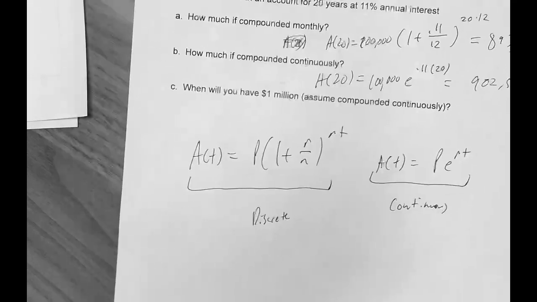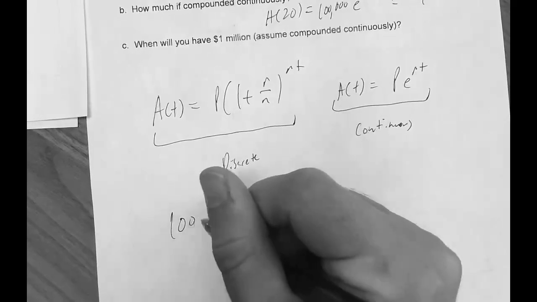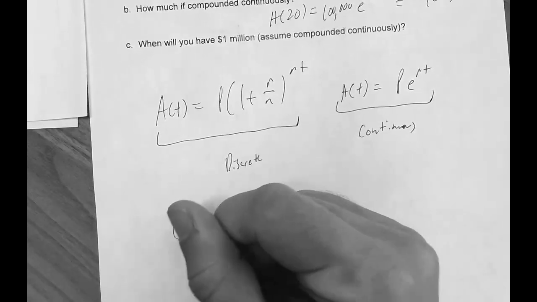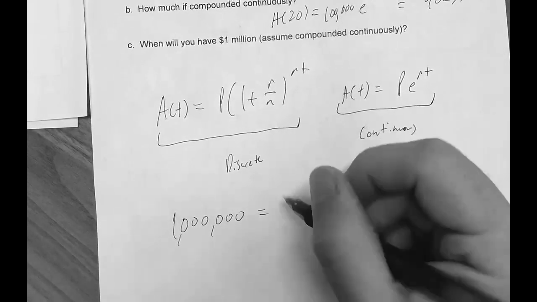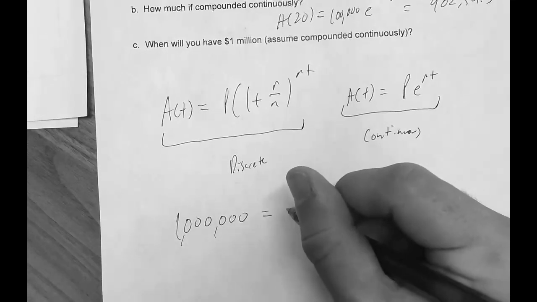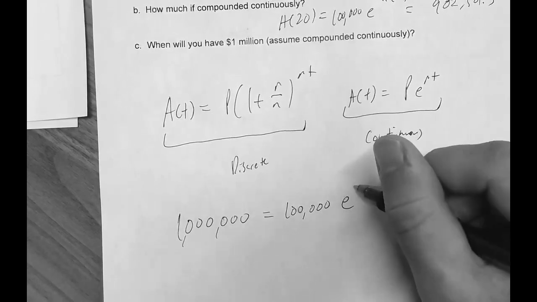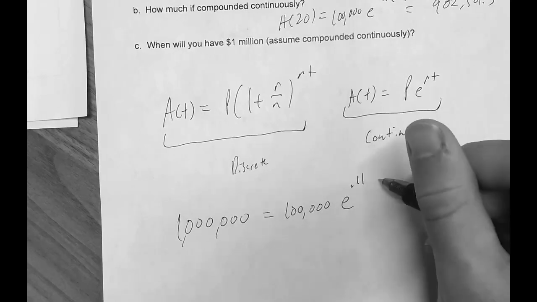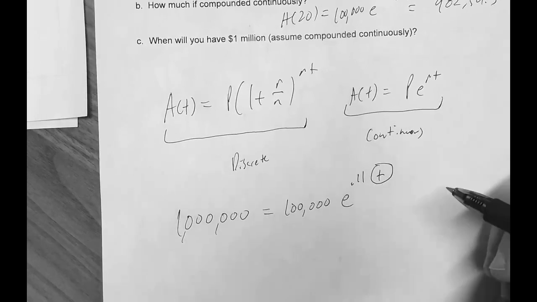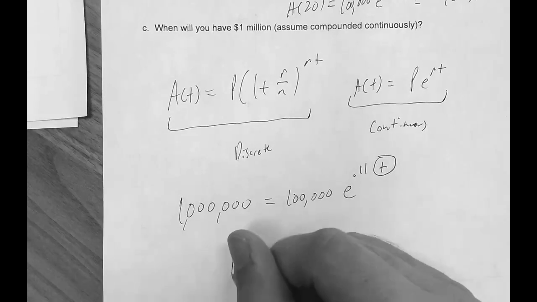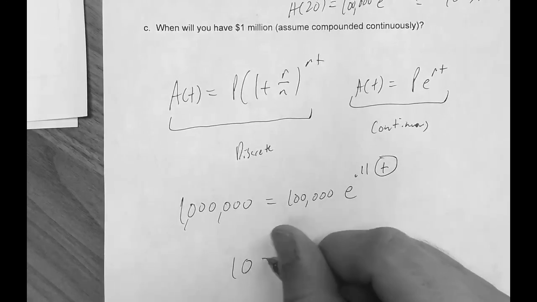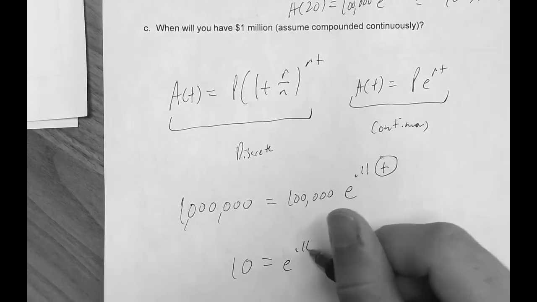Okay. When we have a million, assume compounded continuously. So we would say we want 1 million on the left side, and we're going to set that equal to the principal, 100K, times e to that rate, but the t is what we're solving for. The t is the unknown. So we divide both sides by 100K, you're going to get 10 equals e to the 0.11t.